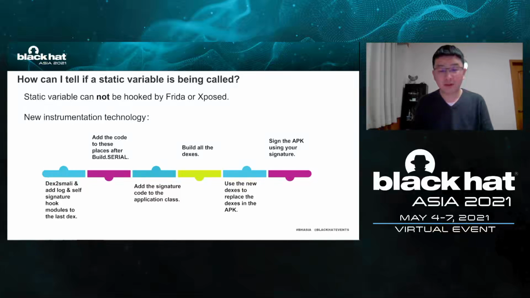Now we can build all the DEXs. Then we use the new DEXs to replace the DEXs in the APK. Finally, we can sign the APK using your own signature. Now, when the application is running, and the field is used, the log will print.